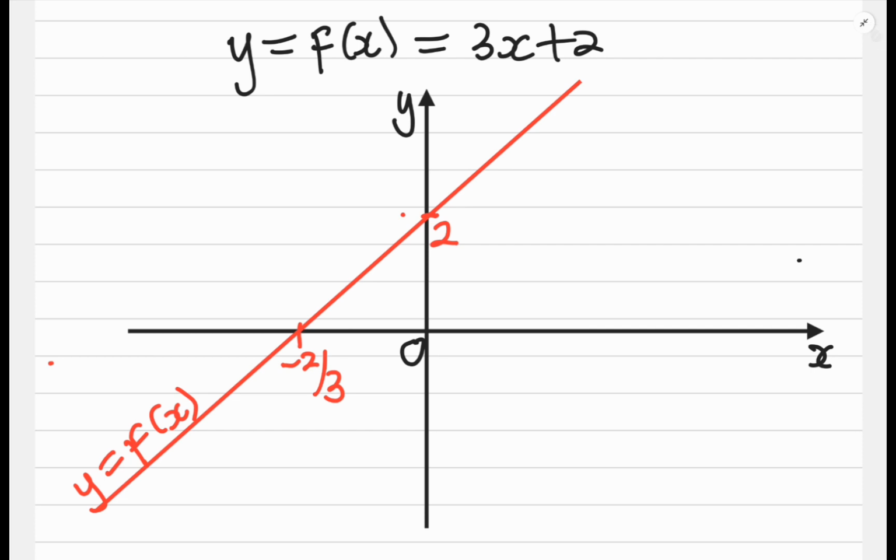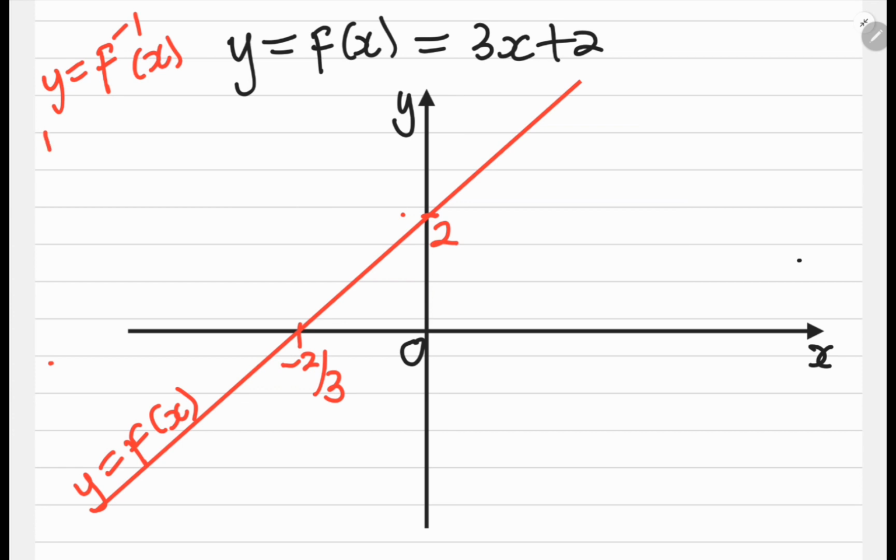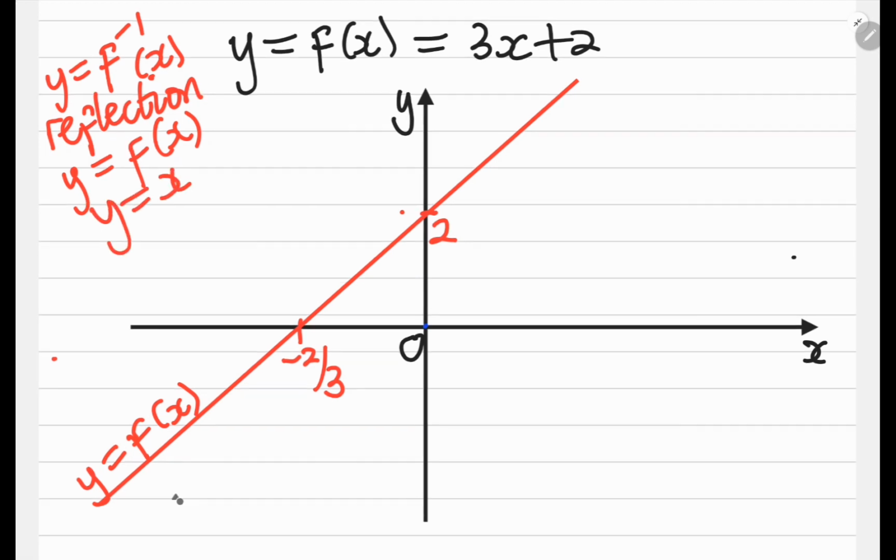Now I also need the inverse. The graph of y is equal to f inverse of x is a reflection of the graph of f of x in the line y is equal to x. So I'll first put my mirror line in blue.